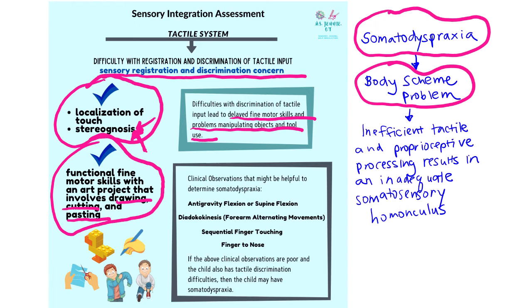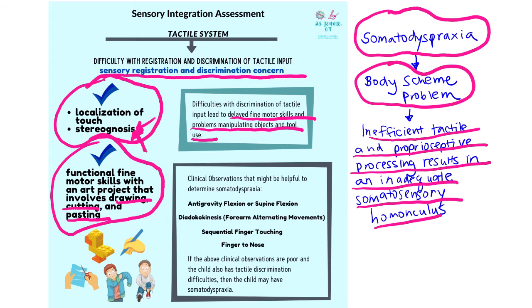So in the nervous system with somatodyspraxia, you're not integrating or adequately processing tactile and proprioceptive input. So it is both of those things. It's inefficient tactile and proprioceptive processing that results in an inadequate somatosensory homunculus in the parietal lobe.